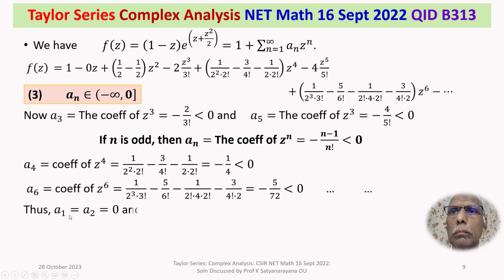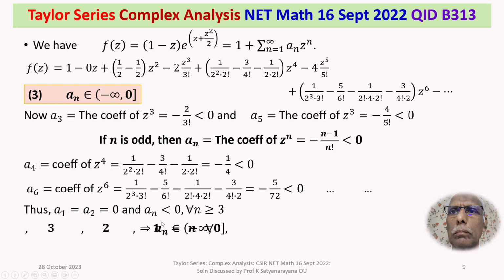So thus A1 is equal to A2 is equal to 0 and AN is negative for all n greater than or equal to 3. For all n greater than or equal to 3, odd ones they are negative, even ones they are negative.